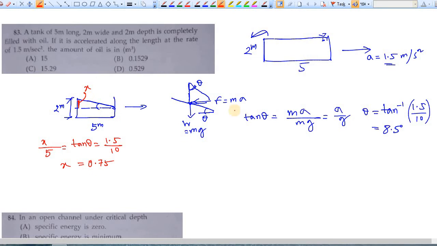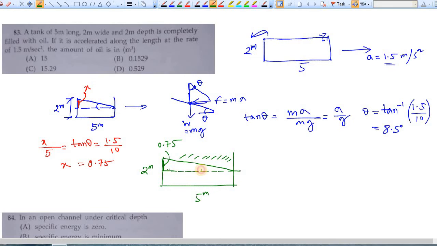Okay, so let's draw the picture now. The current scenario of the tank is, this is 5 meter, this is 2 meter, and this is the emptied portion, and this is 0.75, this is 5.